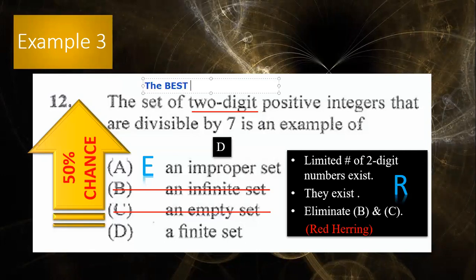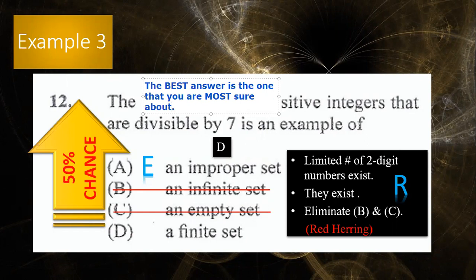Best answer is the one that you are most sure about. Okay? Do not forget that. Do not choose an answer that is ambiguous. Choose an answer that you're most sure about.